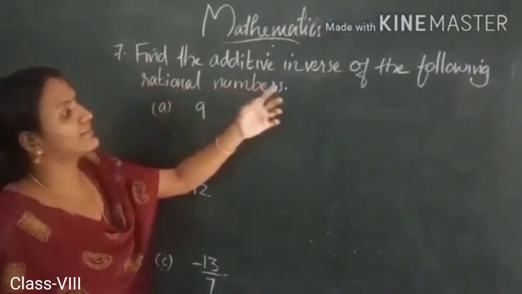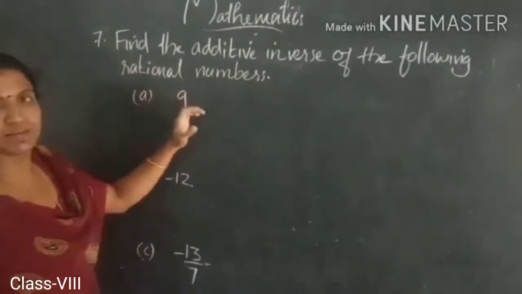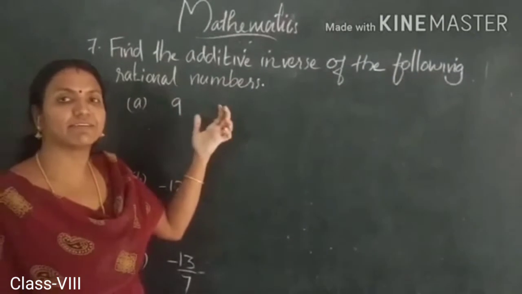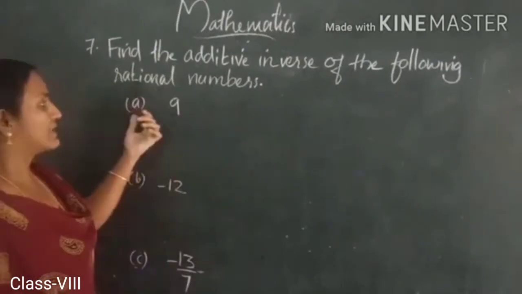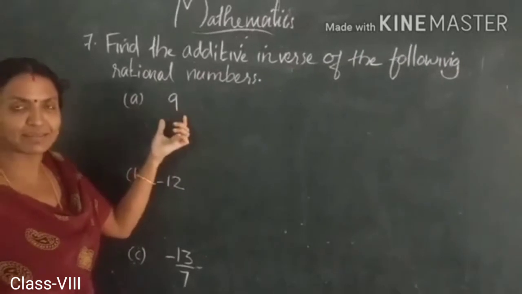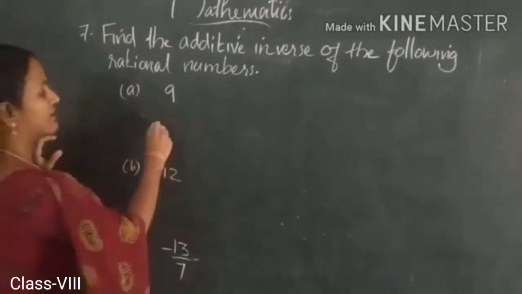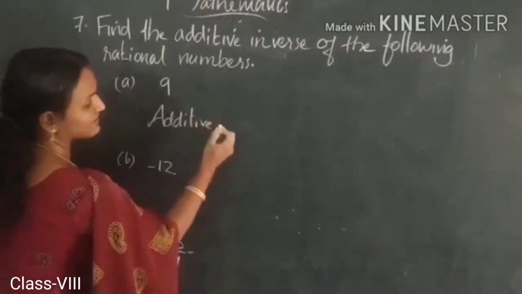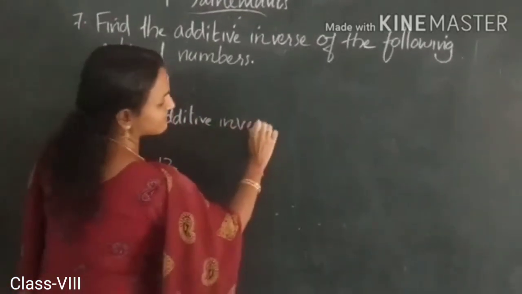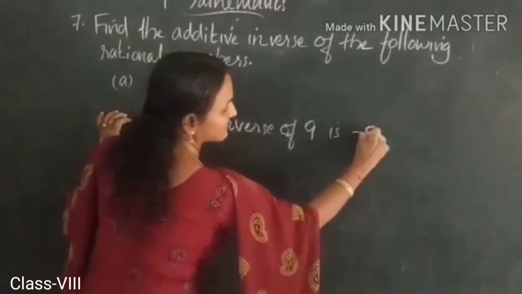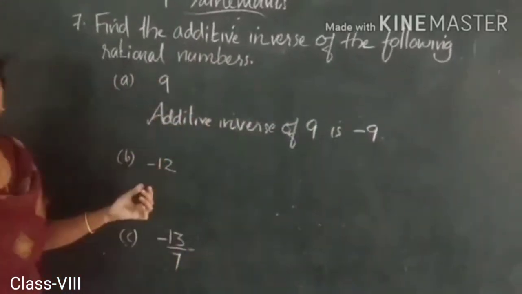The additive inverse of the following rational numbers. For any rational number A, the additive inverse is minus A. Here the first question is 9. So the additive inverse of 9 is minus 9. Move on to the next question.